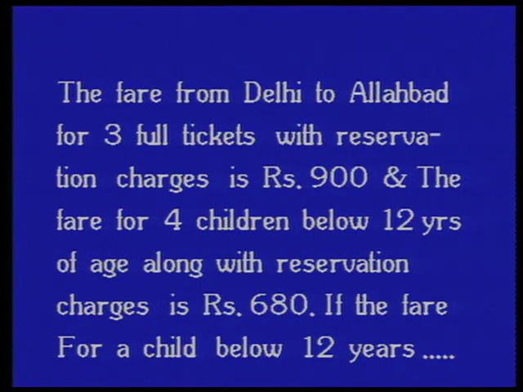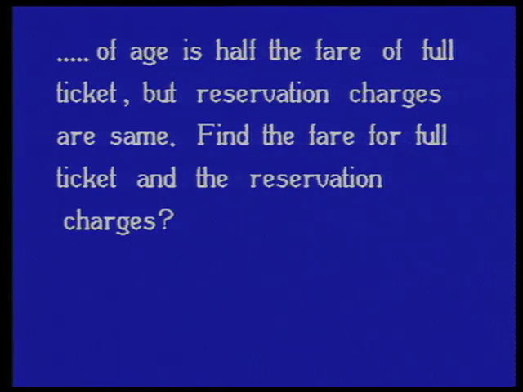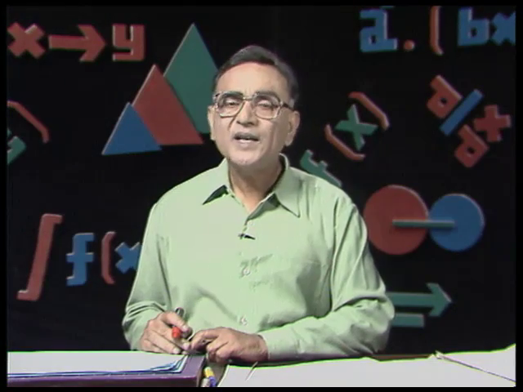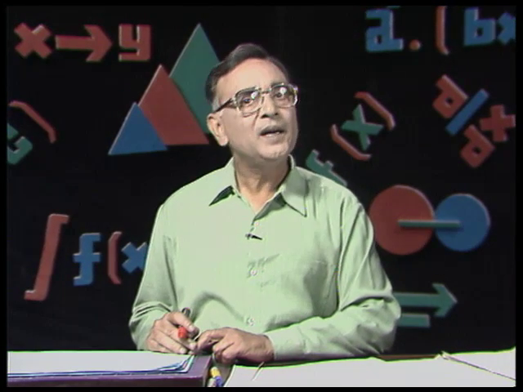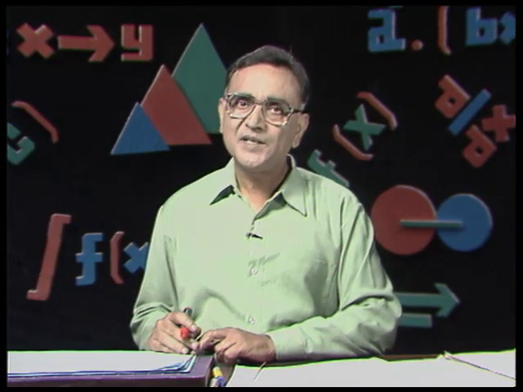Further, if the fare for a child is half the fare of the full ticket if the child is below 12 years of age, but the reservation charges are same, then what are the reservation charges and the price per ticket? Now, here what are the variables? The one is the fare and the other is the reservation charges.